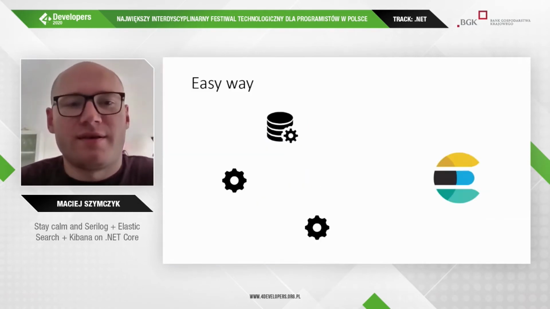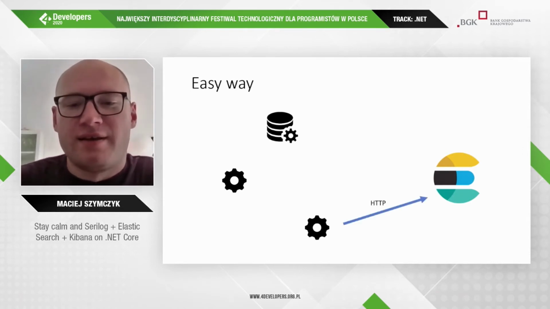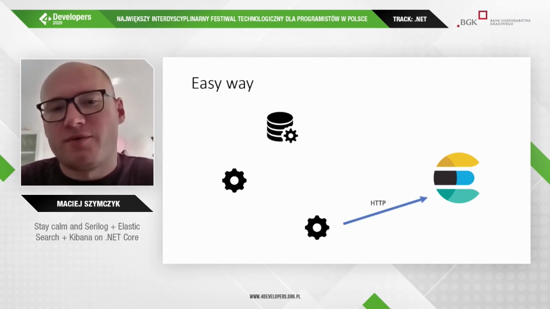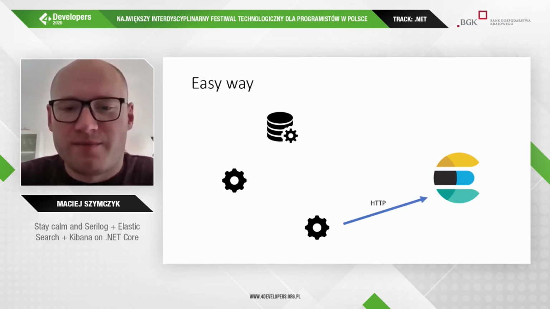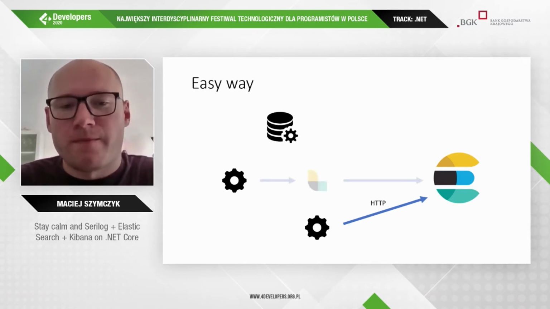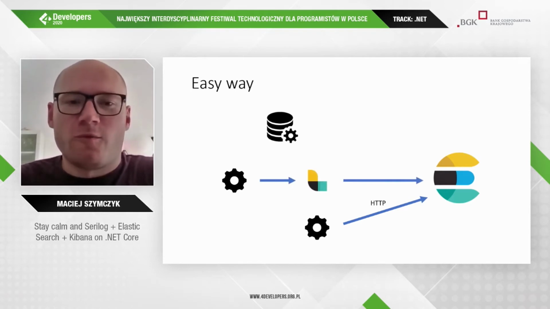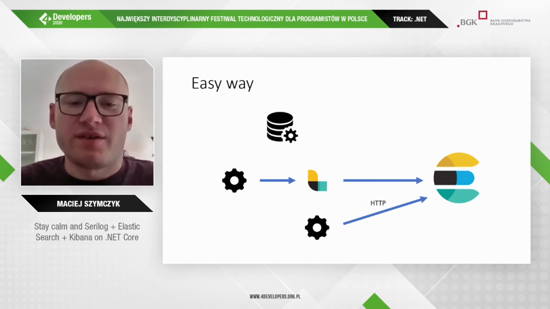So what is the easy way to provide our logs to Elasticsearch? We can use just HTTP. In this presentation, I'm showing a Serilog solution, which will be sending logs to the Elasticsearch cluster through HTTP. We can use Logstash. When we store logs in a file, then Logstash can grab those files and send them into Elasticsearch.